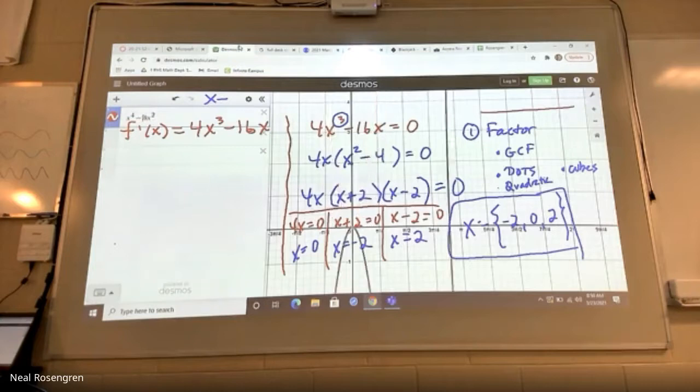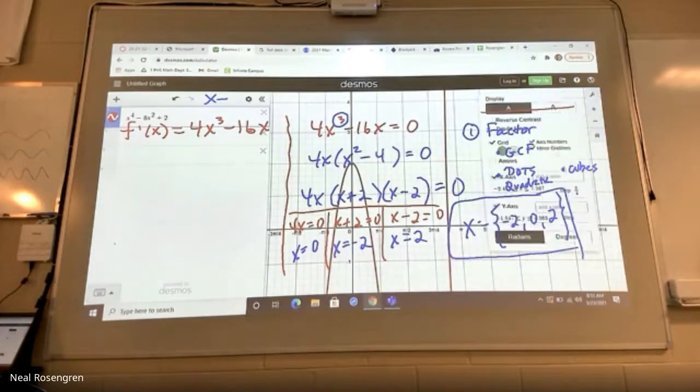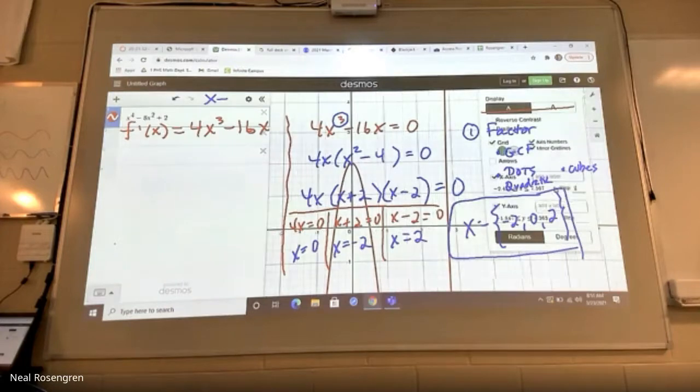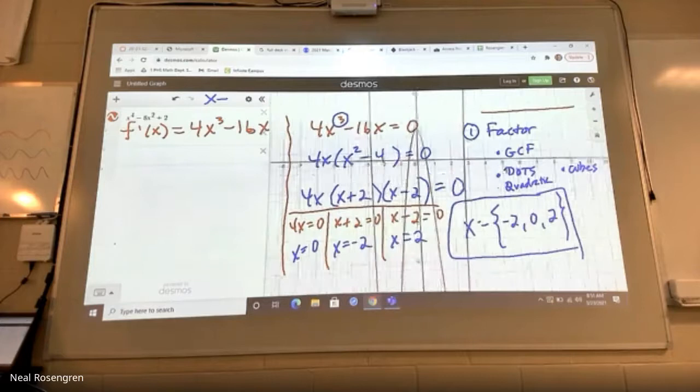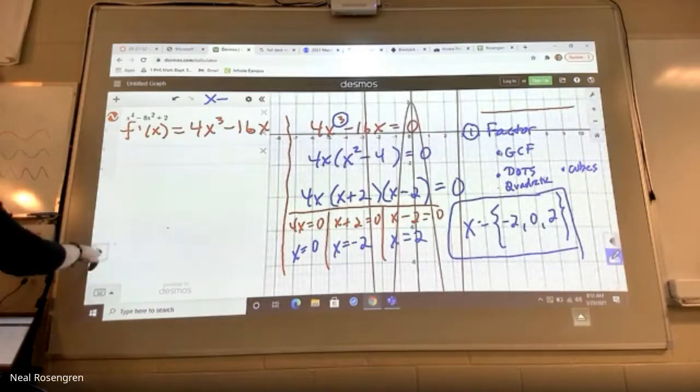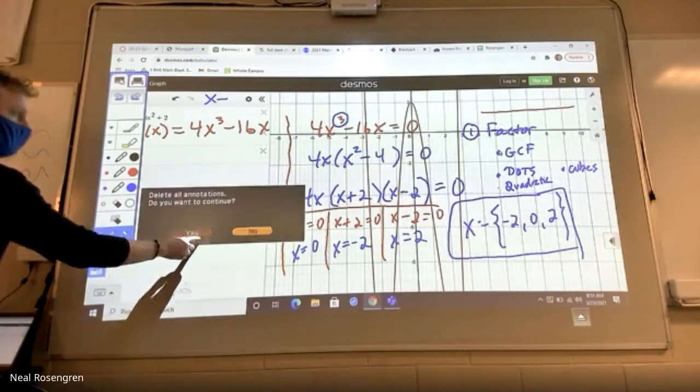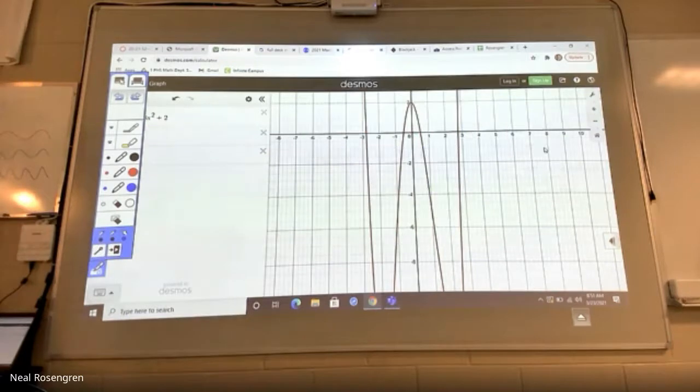Minus squared plus 2. I gotta fix my scale. I'm still in unit circle lane. I'm gonna get rid of the calculus if you're cool with that, so we can look at it. Back it up a little bit.